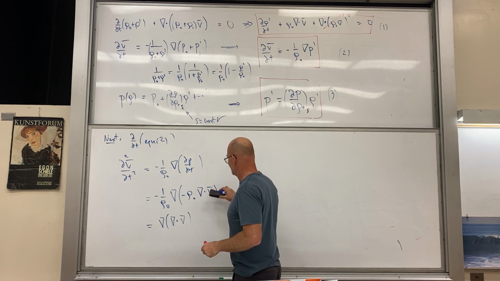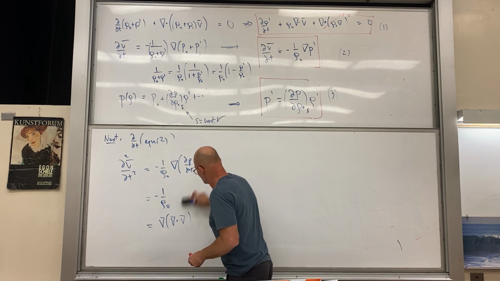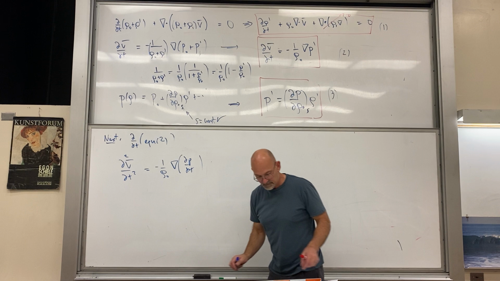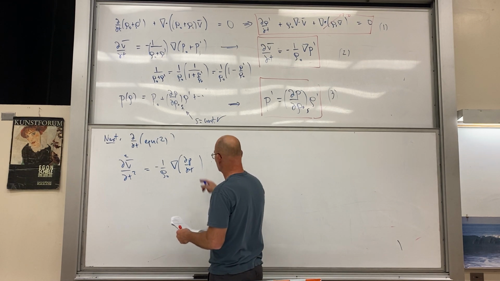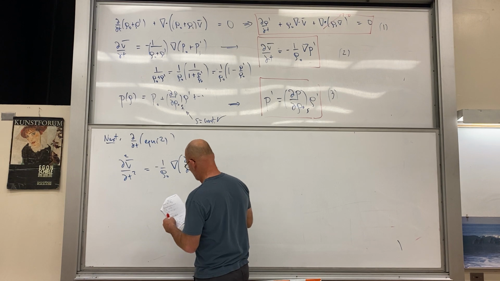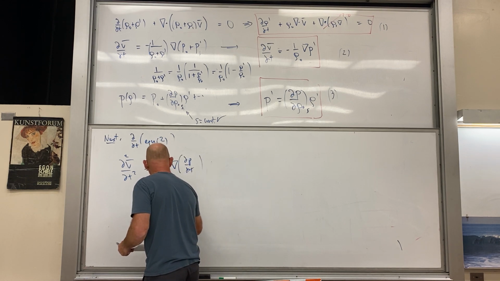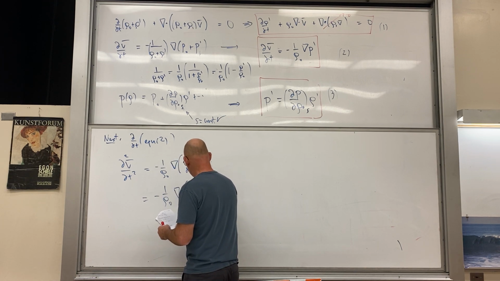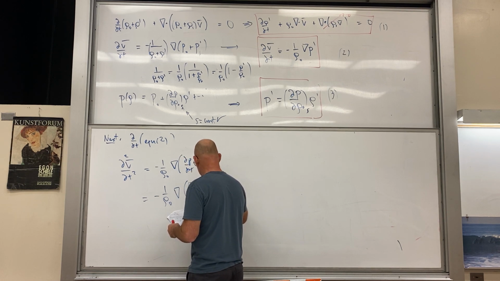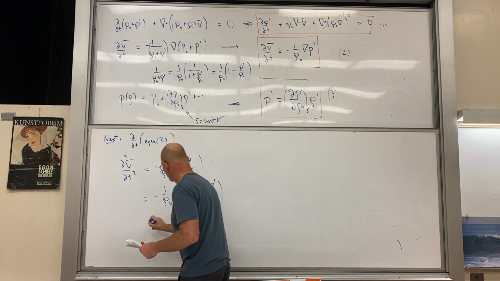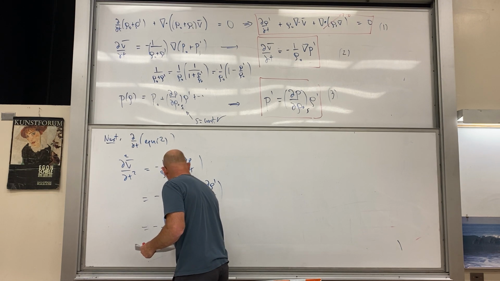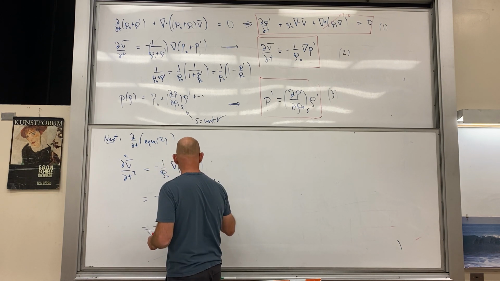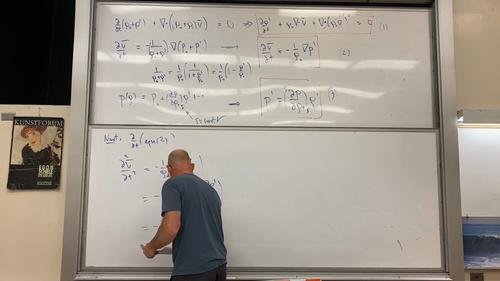So it's back up here. Here we go, once more with feeling. 1 over rho naught gradient, I have to do the transformation to rho, so that's dp d rho times d rho prime dt. So I have 1 over rho naught dp d rho, which is of course at constant s.